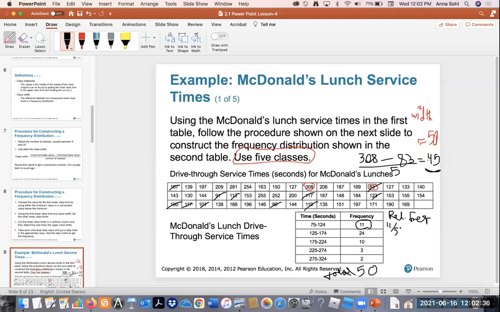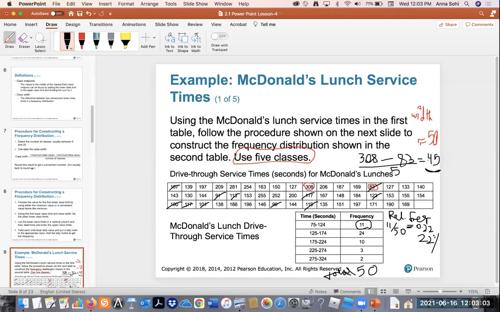Put it into your calculator and tell me what you get. 0.22, that's great. In order to find the percentage here, 0.22 is 22%.